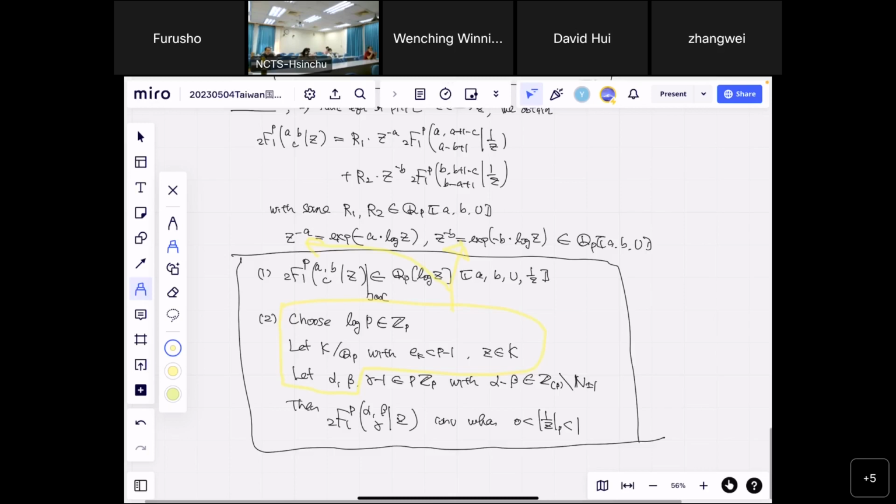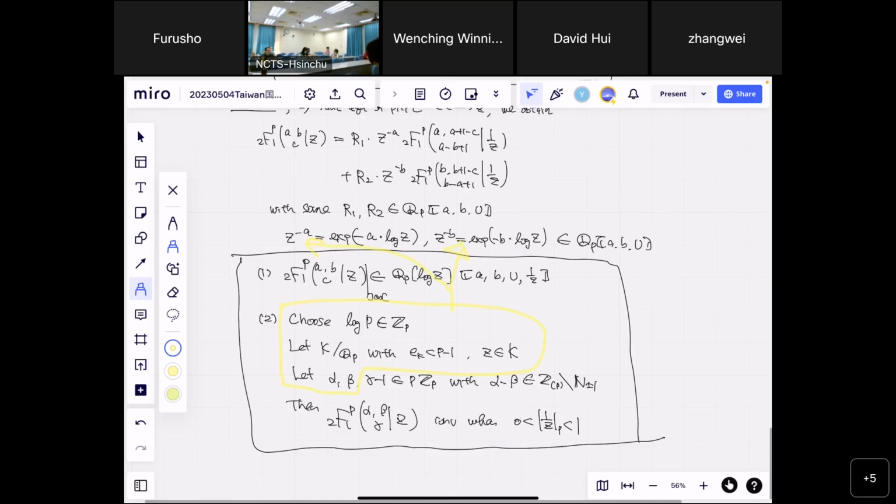If you fix the absolute ramification index smaller than p minus 1, this K can be an infinite extension. If alpha and beta are in PGP, then you can show that to evaluate A, B, alpha, beta, it always converges. That's the condition I required.